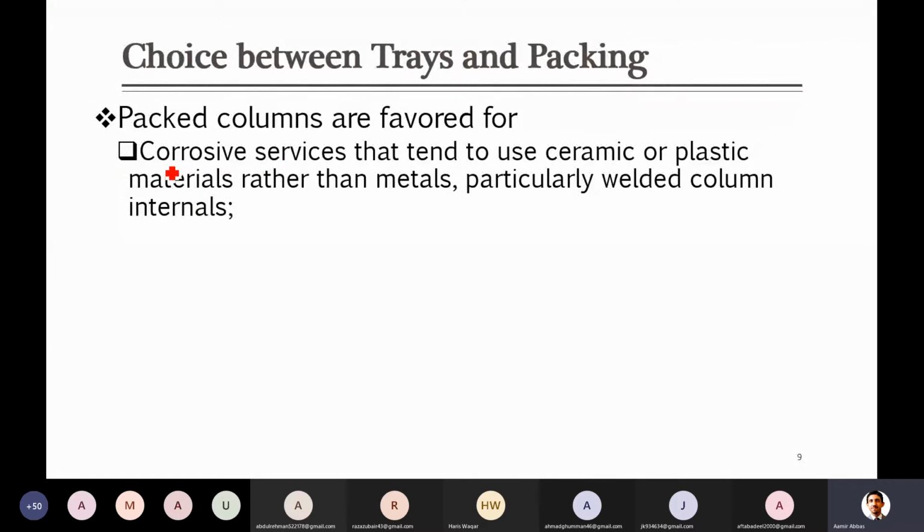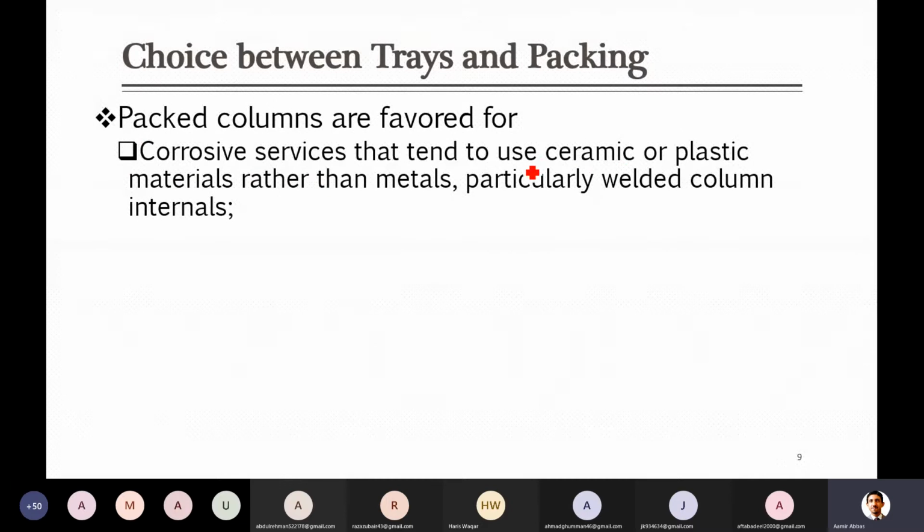Sometimes your liquid can be corrosive. The liquid or the solvent which you are bringing, for example, acids and bases, are highly corrosive. So if your service demands, like in a process where you are removing some gas, and as we discussed somewhere earlier, NaOH is being used as a solvent, then definitely that will cause corrosion inside the column, and you will avoid metal.